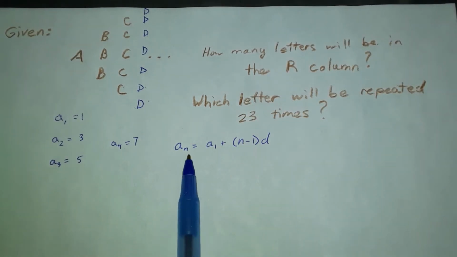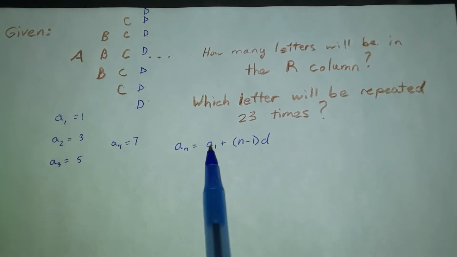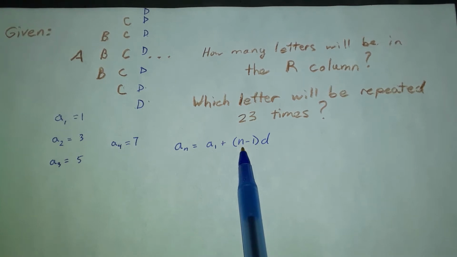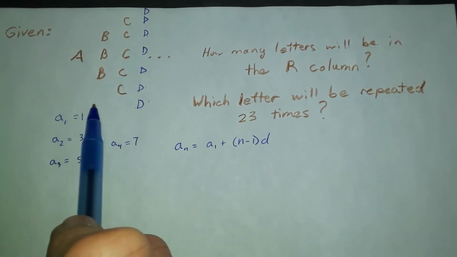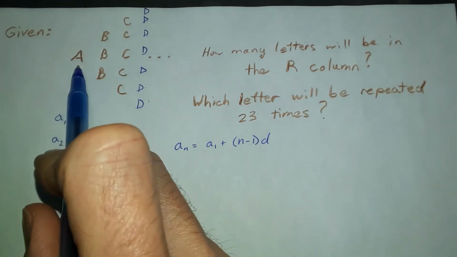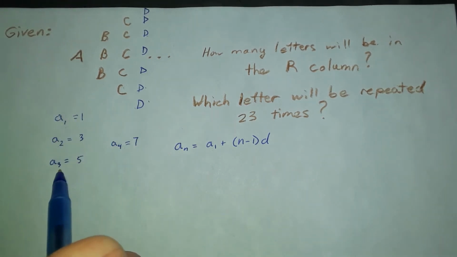So this is the formula for an arithmetic sequence. The first term in your sequence, n is going to be the number of the column that we're looking for. So this I designated as 1, this one was 2, this one's 3, this one's 4. So we can use this.